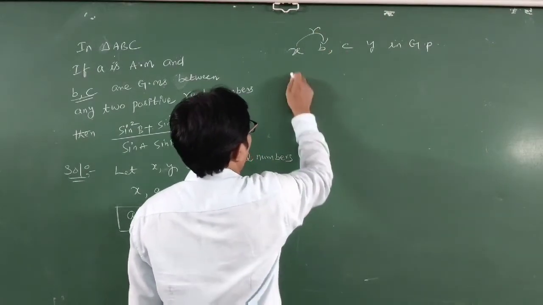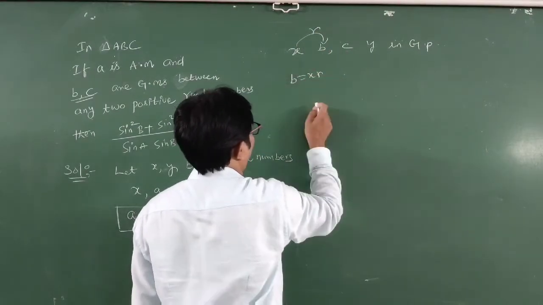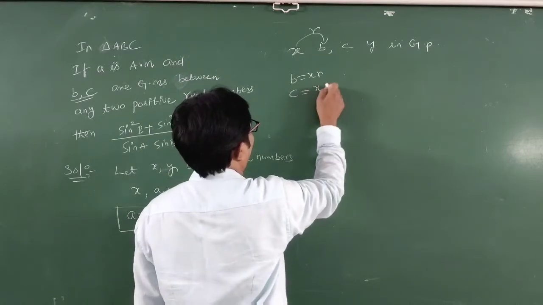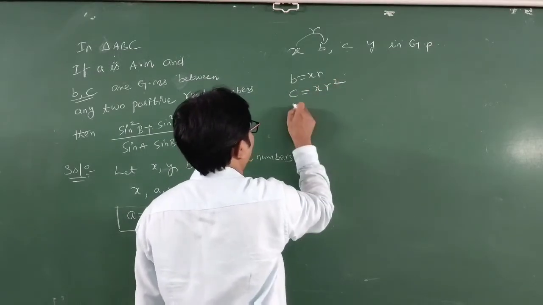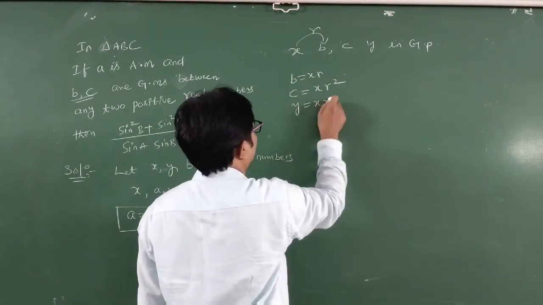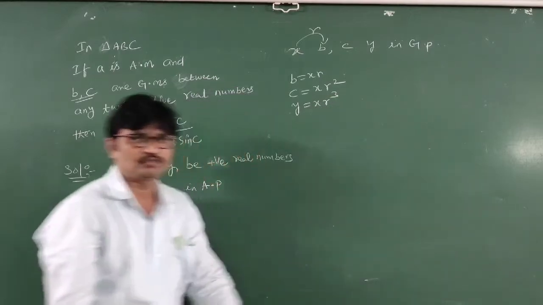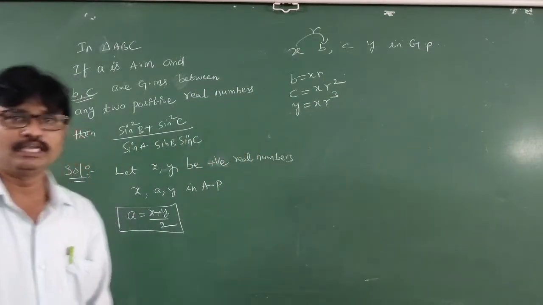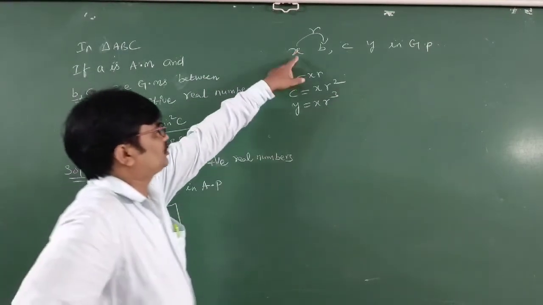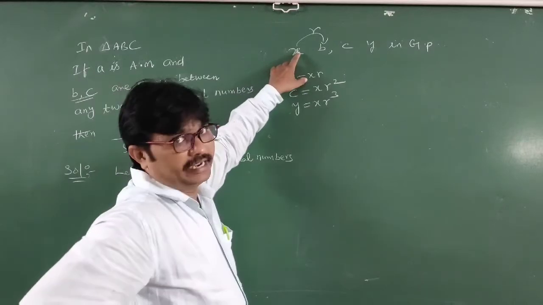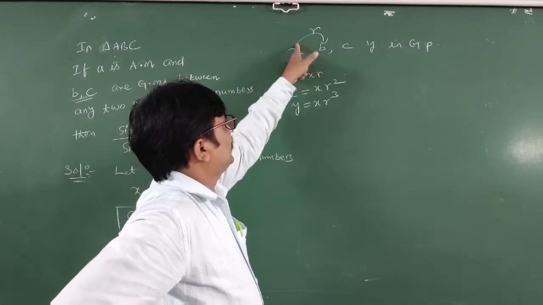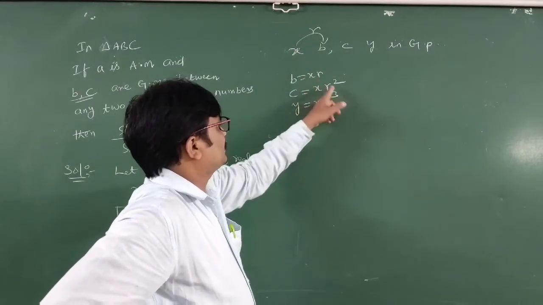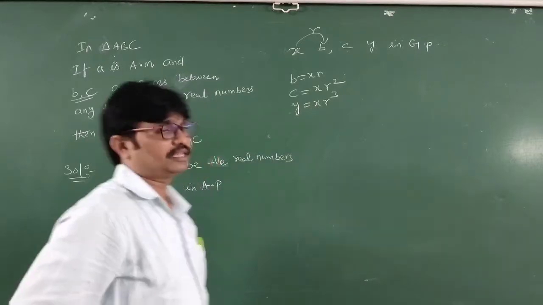Undoubtedly, B is xr, C is xr square, and y is xr cube. First we take the first term as x, B is xr, C is xr square, y is xr cube.